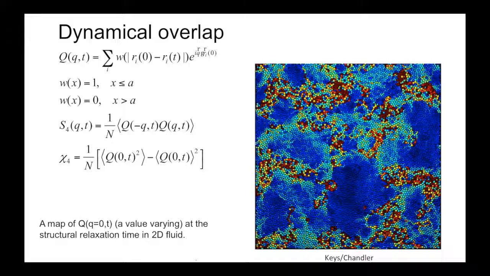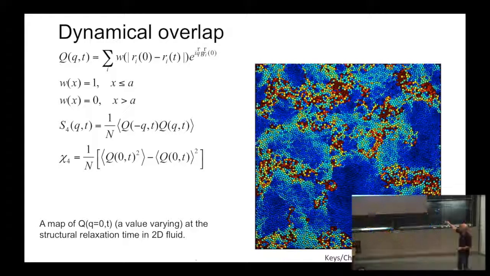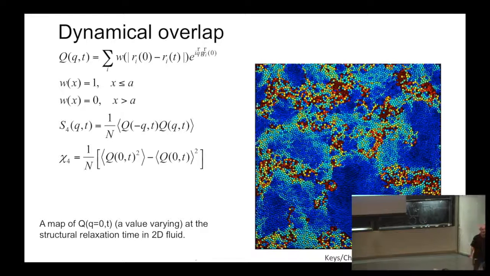But if you choose A in the right way, then you'll see these very nice domains where there's some very large-scale motion and some residual motion that connects these kinds of things. And this is the sort of thing that I'll get to hopefully pretty soon. So this is a plot of this dynamical overlap at a given time. If I look at the fluctuations of this, I'm going to be able to measure a susceptibility, and from that, I can also extract a length scale.